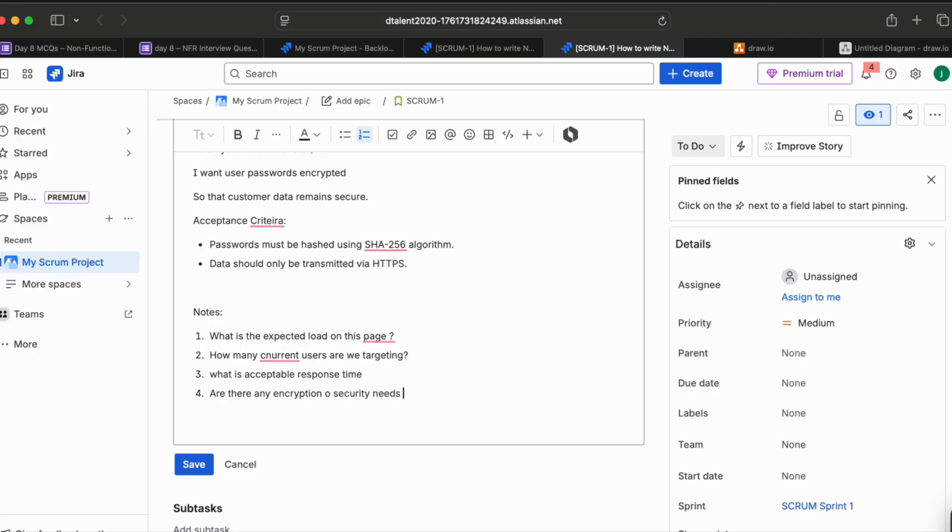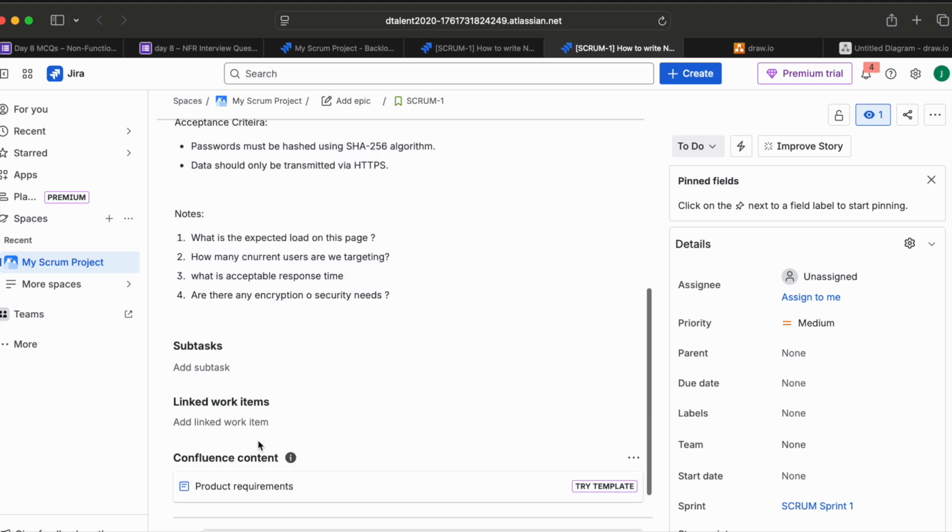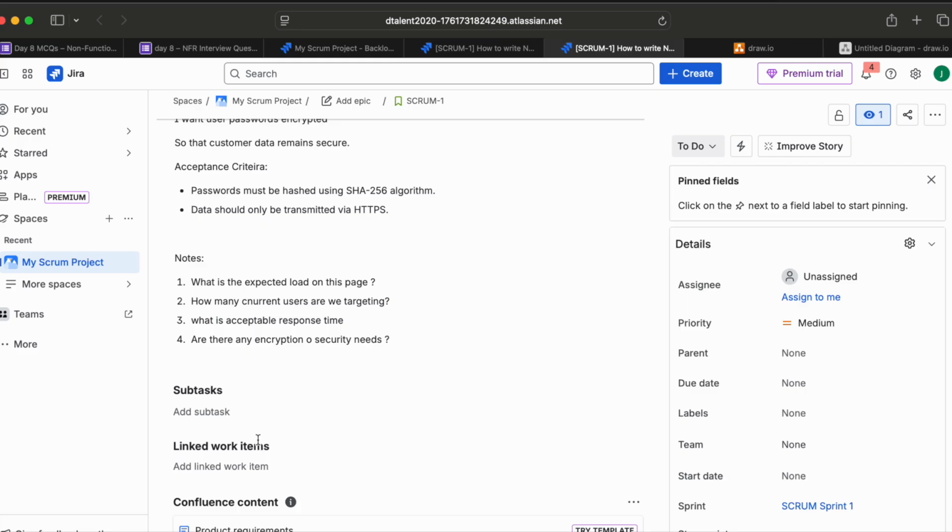Okay, so developers may estimate higher story point if performance or security is involved. Okay, and that's normal. So non-functional requirement often take extra effort, right?